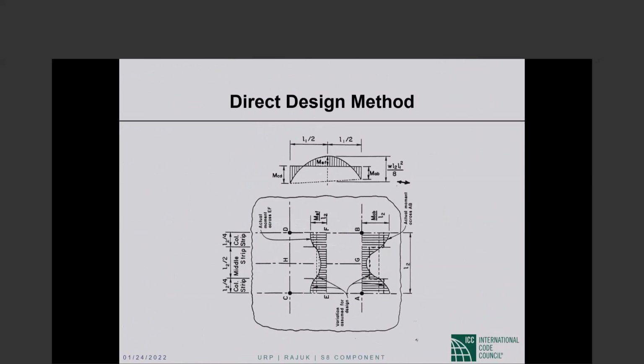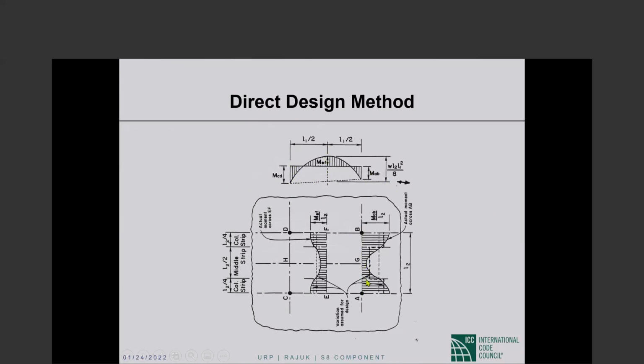Now, we have M sub 0. We have distributed that to support moments and the span moment. Now, this support moment is for the entire width of the panel.